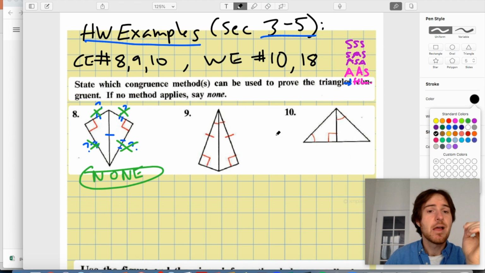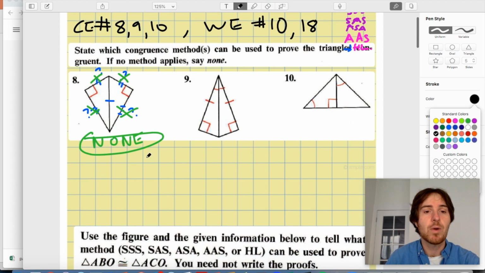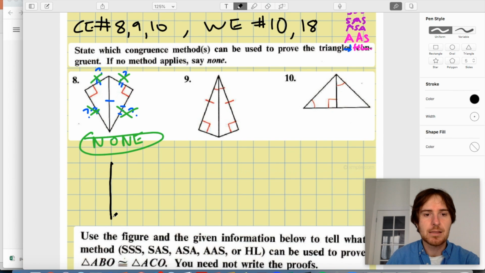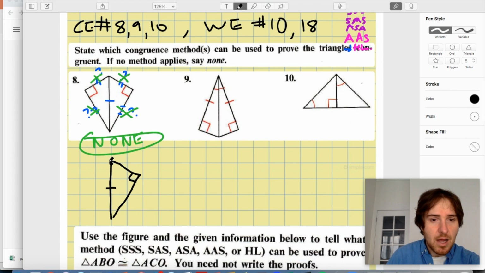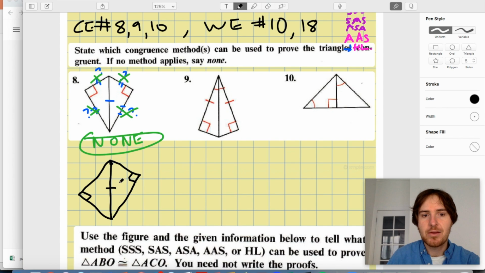It's possible they want to trick you, so they're drawing it in a way that looks congruent. But I want to show you a counterexample that's a little bit more dramatic than the way they drew it. Here we have a right angle, sharing a hypotenuse, and maybe I'll draw a 45-degree angle here. I can form a right triangle like this. And clearly, these triangles are not congruent.